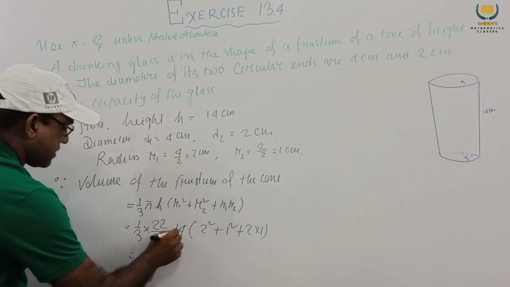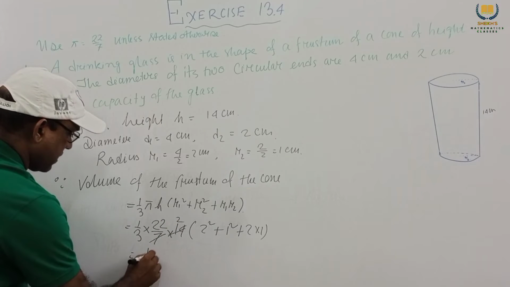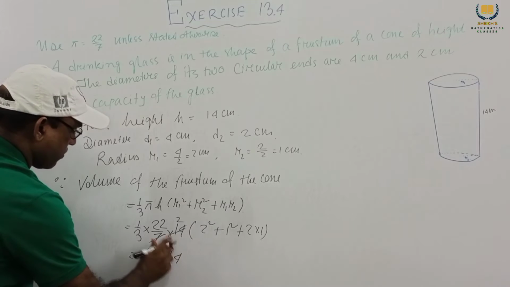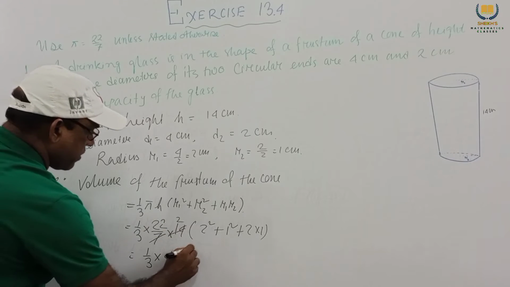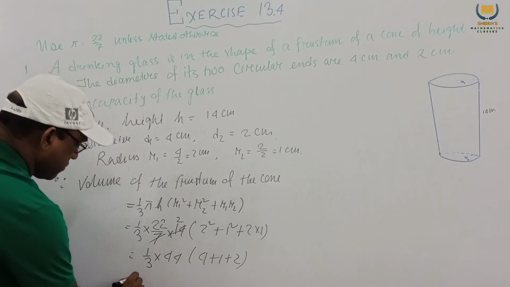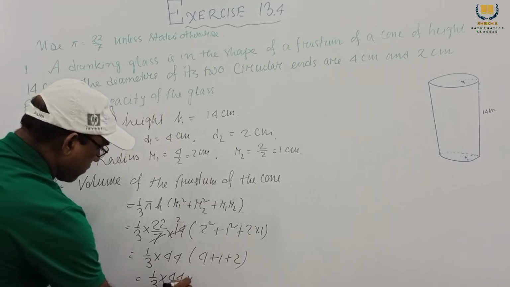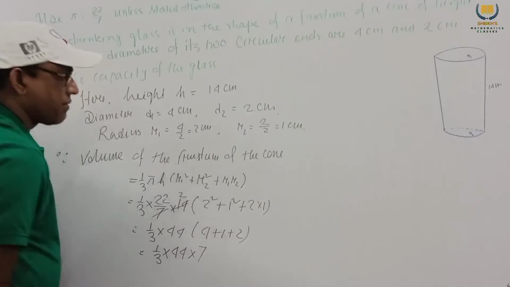And this is 7, 2, 1 by 3, this one 44, 2 into 22 is 44, this is 4 plus 1 plus 2, and this will be 1 by 3 into 44 into 7.